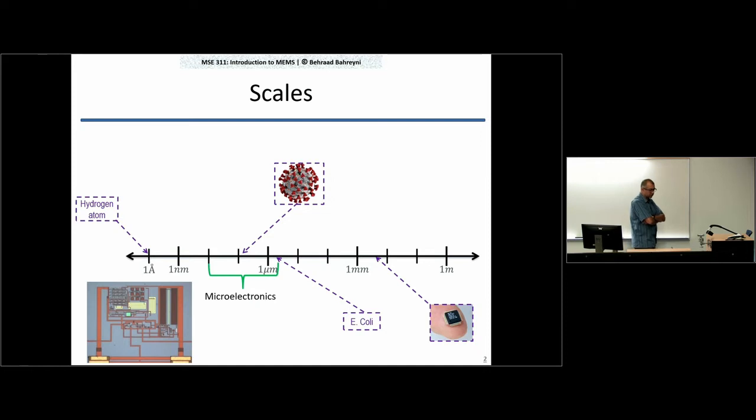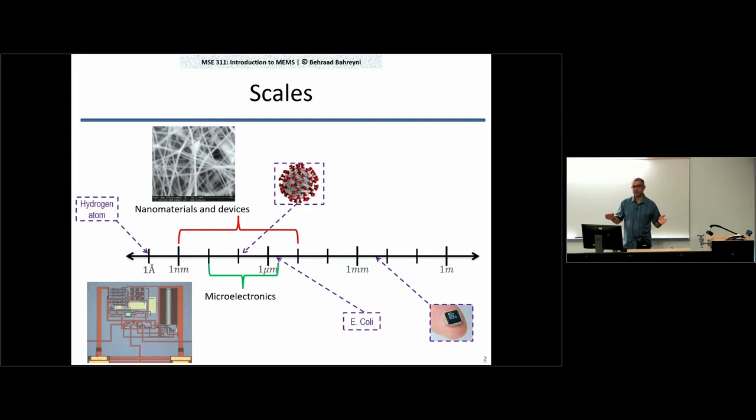The chips are actually bigger than that. Nowadays, you're talking about transistor gate lengths on the order of a few nanometers, 4 to 5 nanometers. But for most devices that you can design and use, the dimensions are on the order of 10 nanometers to maybe a micron or two for the transistors. The chips are about a few millimeters on the side.